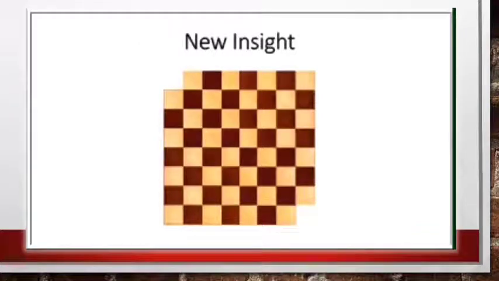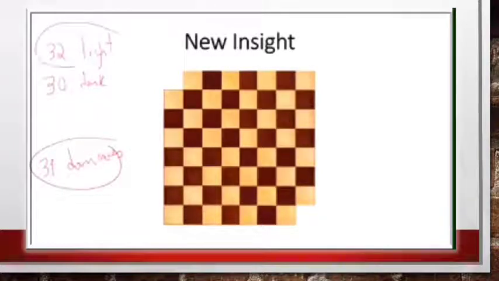In this particular case, we have cut out two dark corners. So we have 32 light squares and 30 dark squares. So with 31 dominoes, each of which must cover a dark and a light square, we want to cover 32 light squares, which is impossible.